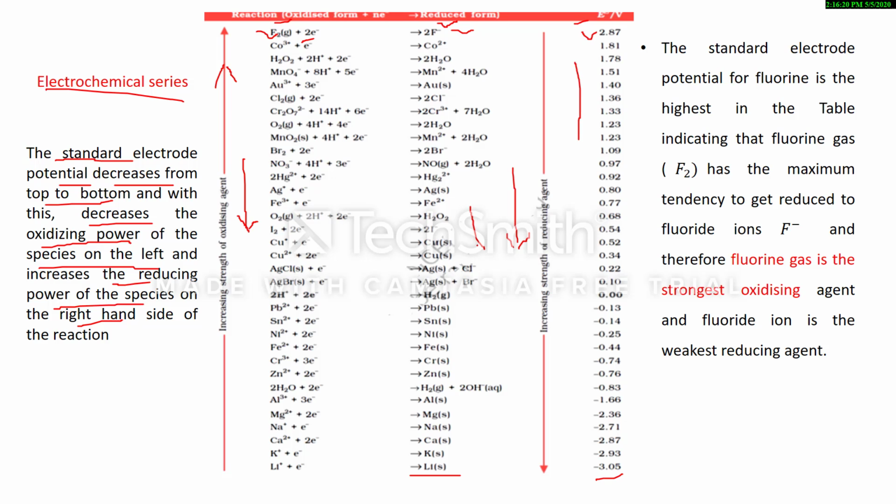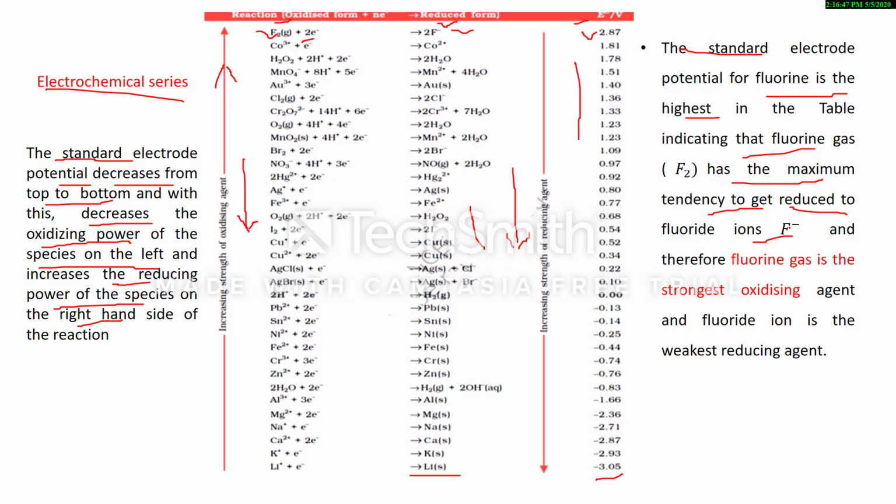Okay, we will take the two extreme cases. Standard electrode potential for fluorine is the highest in the table, indicating that fluorine gas has the maximum tendency to get reduced to fluoride ions, that is F minus. Clear? The higher the value of standard electrode potential, the more easily reduction takes place, because these standard electrode potentials are reduction potentials.